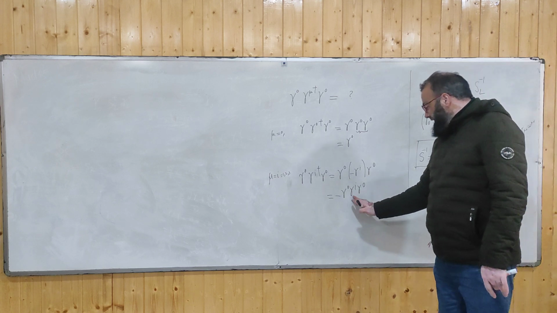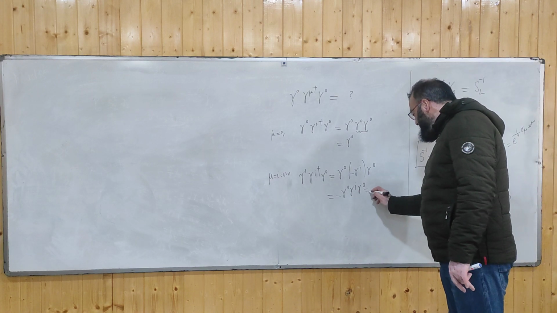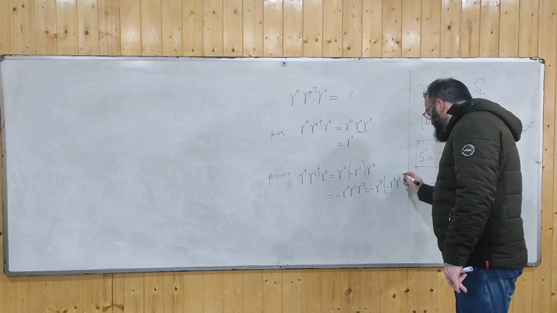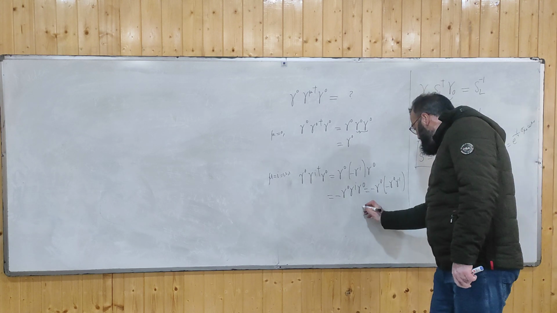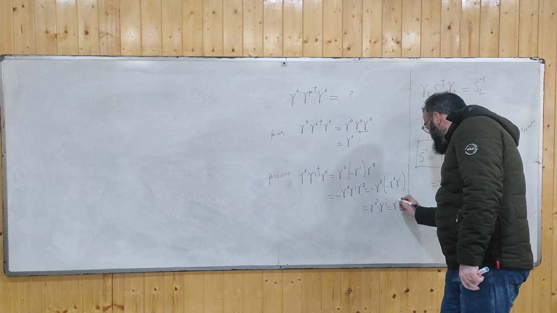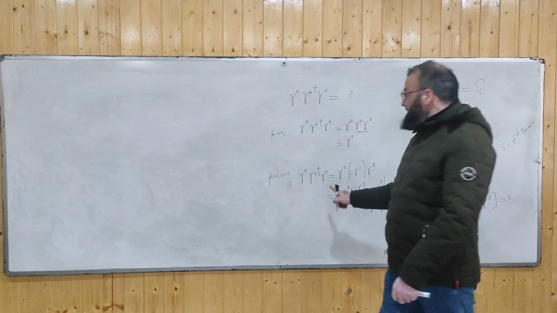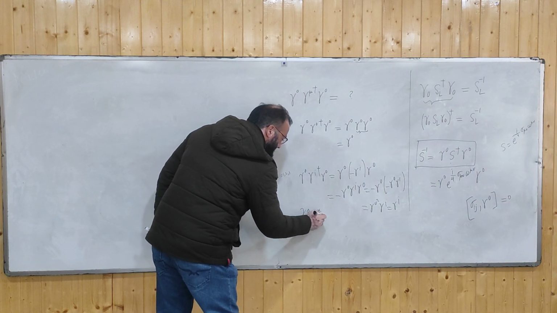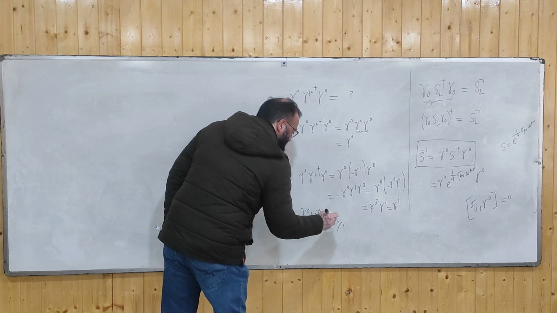Clear? So if you take this to the other side, it's minus gamma 0, gamma i, and they anti-commute. What did you get? Gamma 0 squared, gamma i. So that's simply gamma i. So gamma 0, gamma i dagger, gamma 0 equals gamma i.